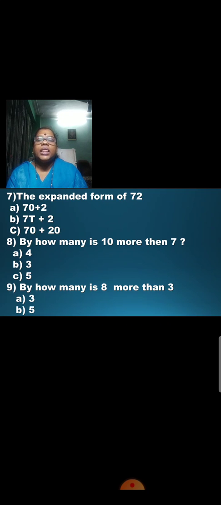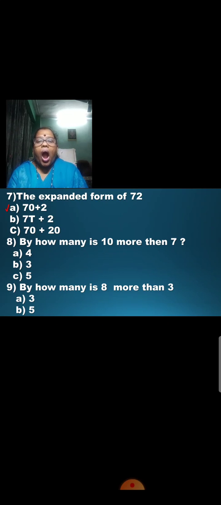What is the expanded form of 72? 70 plus 2. Let's see. Yes. So the expanded form of 72 is 70 plus 2. Next one.